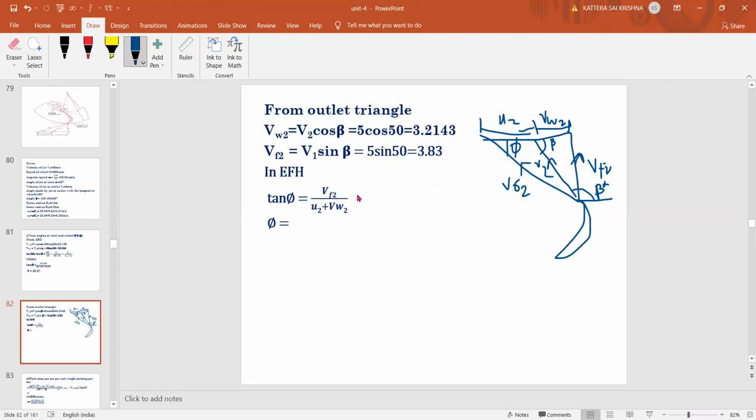Right. So now substitute all the values of this. VF2, what we got? 3.83 divided by U2. What is the value of U2? 5.235. 5.235 plus 3.21. Okay, so then phi equal to tan inverse of this value.